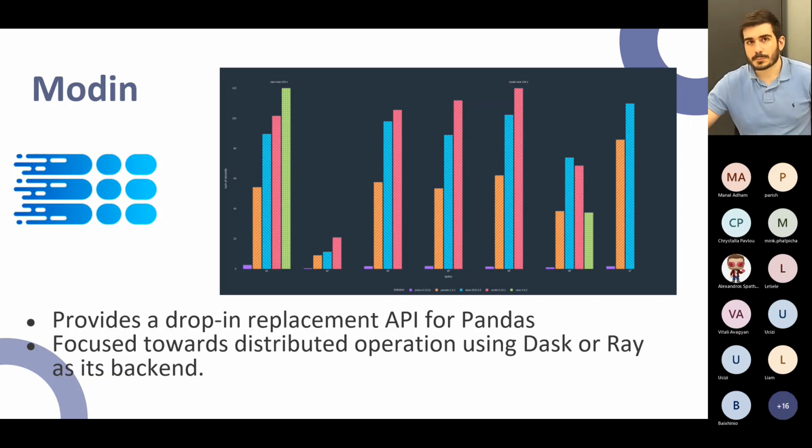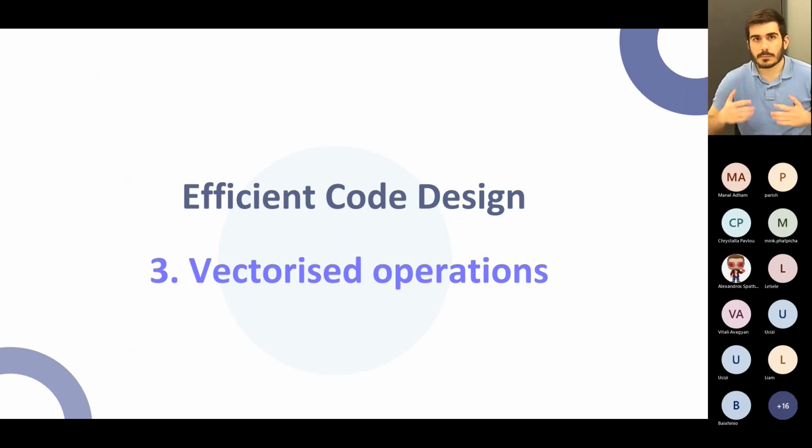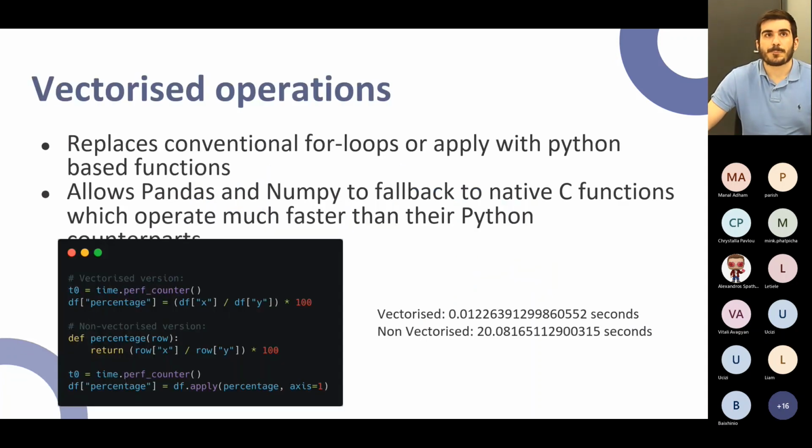Another way you can make your code more efficient is by using vectorized operations. That's when, let's say, Pandas and NumPy fall back to native C functions.